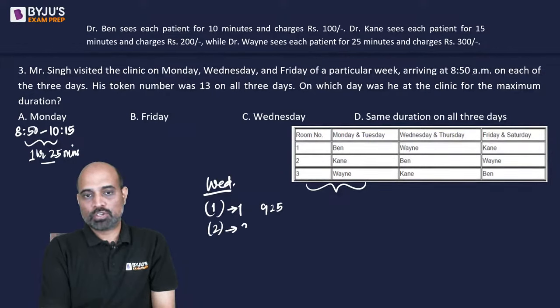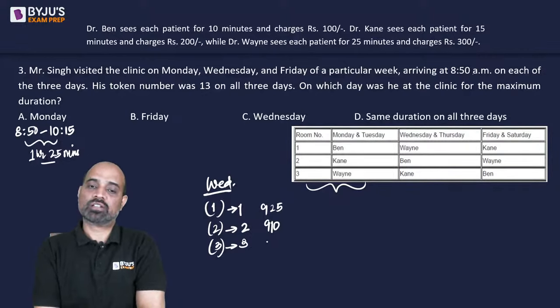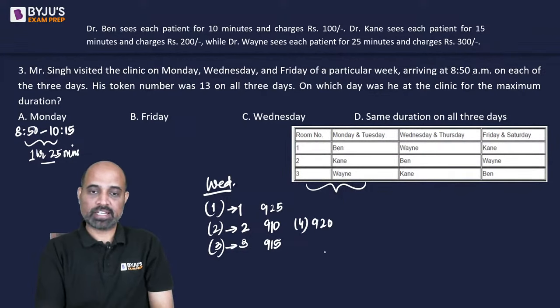Token number 2 will go to room number 2, seen by Dr. Ben, and he is going to get done by 9:10. Token number 3 is by Dr. Ken, going to room number 3, and he is going to be done by 9:15. Token number 4 now goes to room number 2, and he will get done by 9:20.